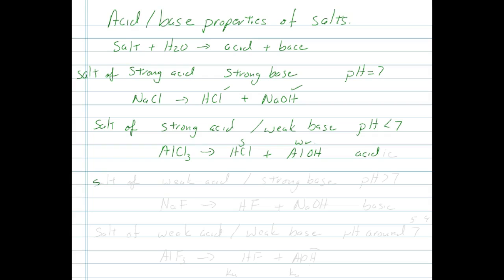If you have a salt of a weak acid and a strong base, the strong base overpowers the weak acid, and the pH is going to be greater than 7. Example, NaF.